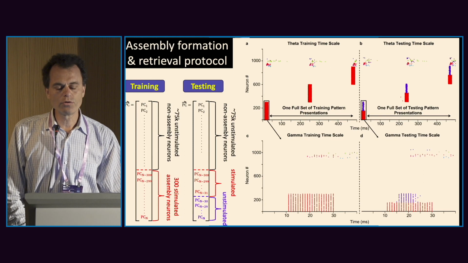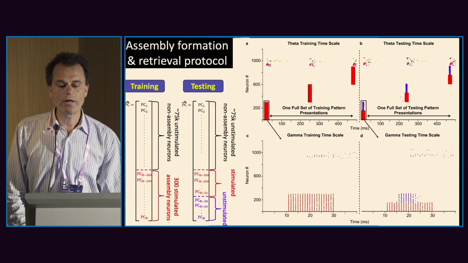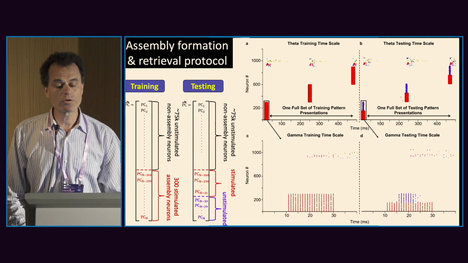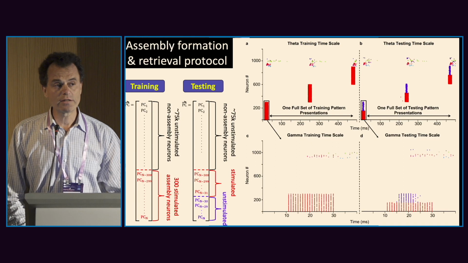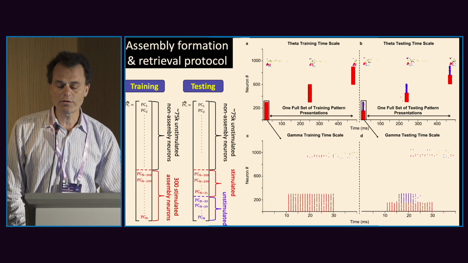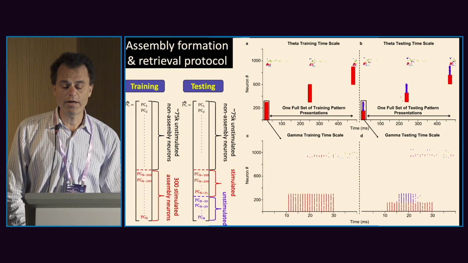In order to use, again, biological inspiration, we do the training locked into theta rhythms, which is one of the natural rhythms of the hippocampus. So each assembly is trained at every theta, about 4 times a second. And then during testing it is also tested in theta.